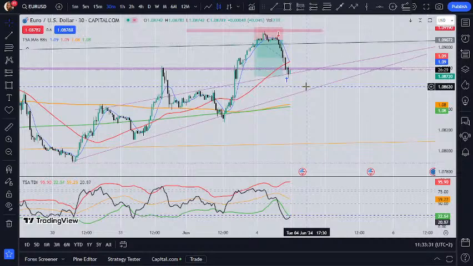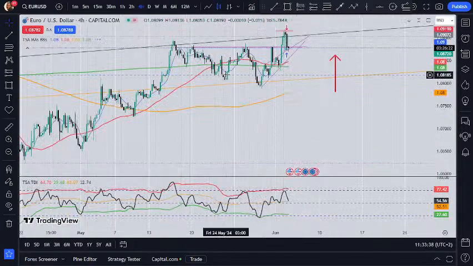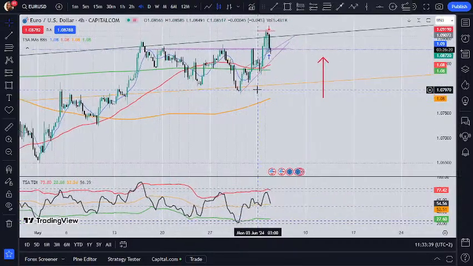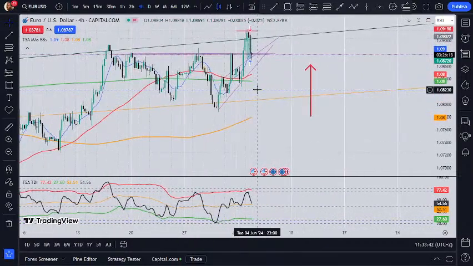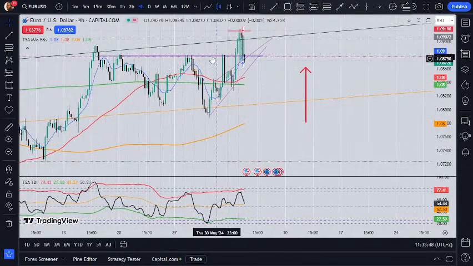I'm not waiting for anything. I'm buying there. Let me just check out the 4 hour. What is the 4 hour telling me? That's what the 4 hour is telling me.